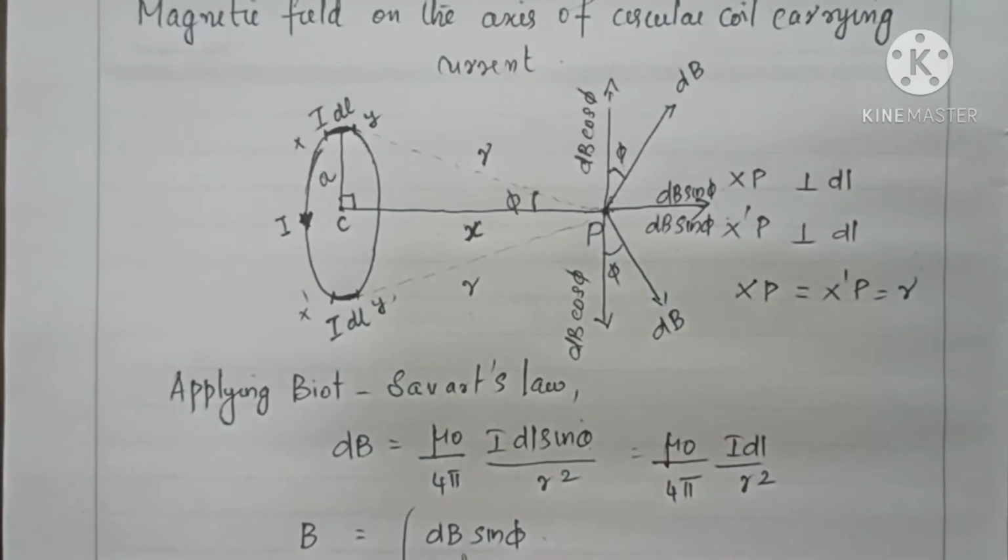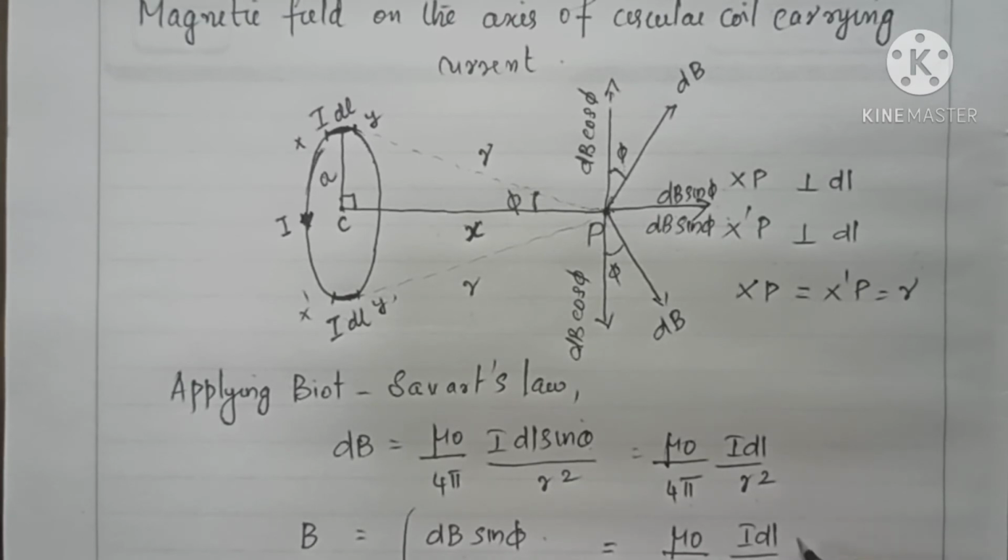So only that component results in the magnetic field, which is dB sin phi. Now dB value you know, that is mu 0 by 4 pi into I dl by r square. So it is mu 0 by 4 pi I dl by r square into sin phi, that is the integral.